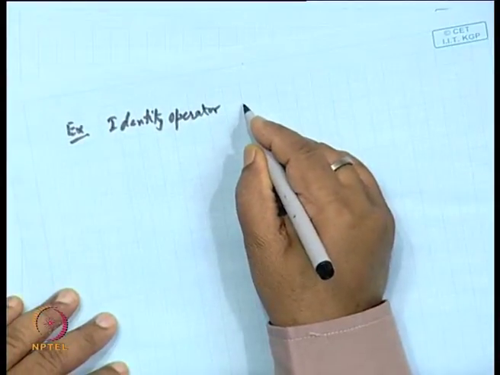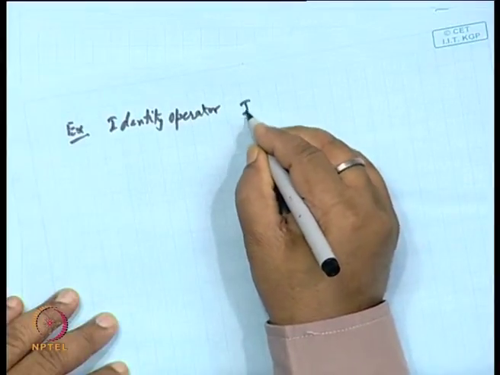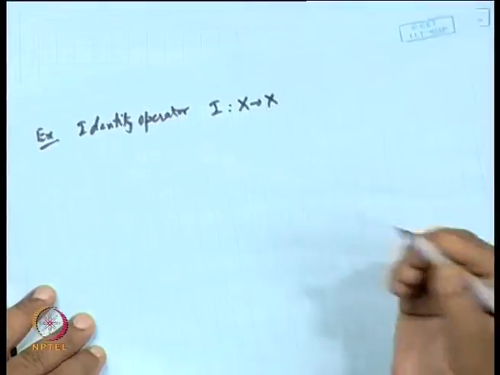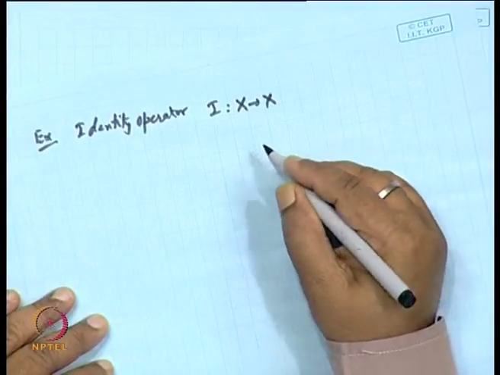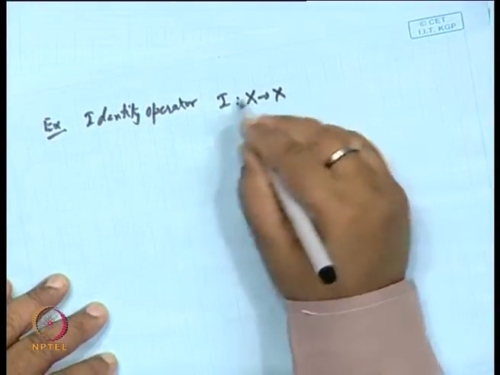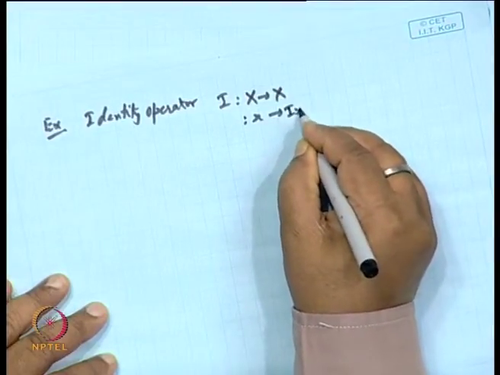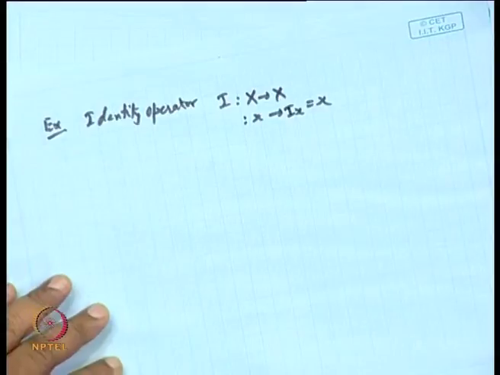As we have seen, the identity operator I is a mapping from X to X on a normed space X, such that it carries the image x to Ix, which is equal to x.